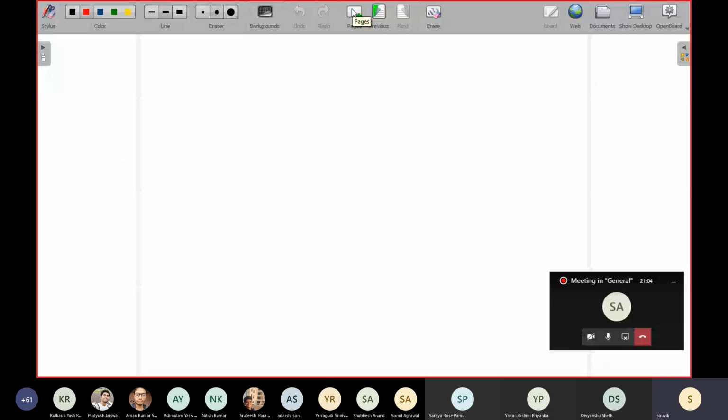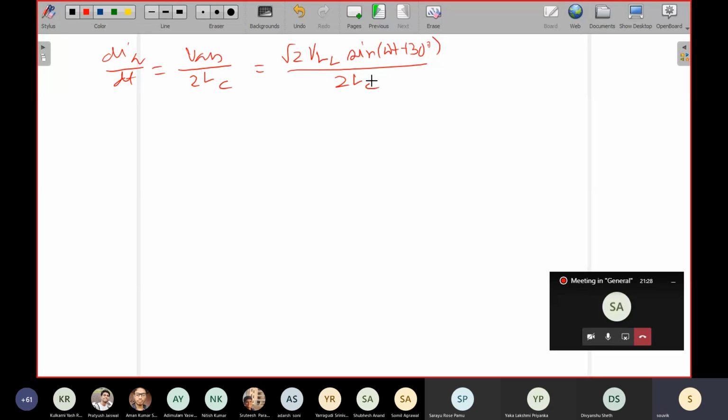Right. So we are doing the calculation. The equation is dIA by dt is equal to VAB by 2 LC, and VAB is equal to root 2 VLL sine of omega t plus 30 degrees, divided by 2 LC.